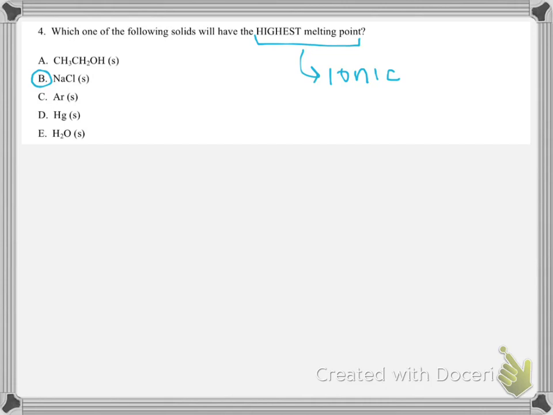And this probably makes sense. I don't know if you've ever seen your table salt just become gas in front of you or liquid in front of you. And then of course we usually see ethanol as a liquid, which suggests it melts pretty easily. Argon we usually see as a gas, which suggests it melts pretty easily. Mercury we usually see as a liquid. And water, you know, we see it all kinds of ways, but we know it's going to melt before sodium chloride does. So the answer choice here is B.